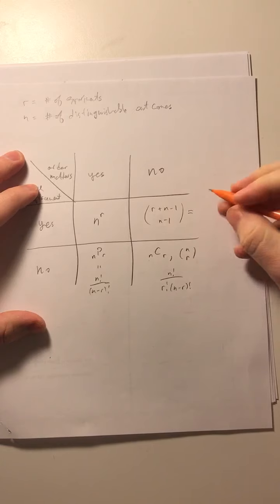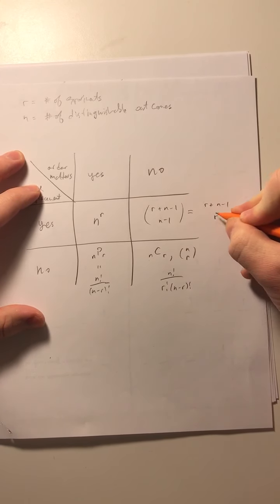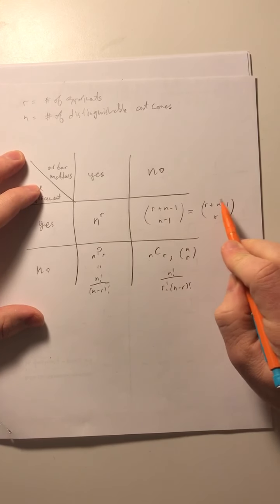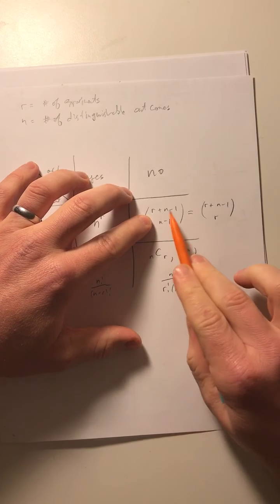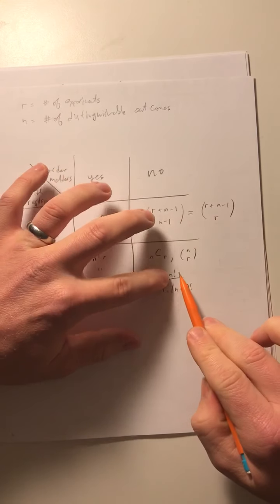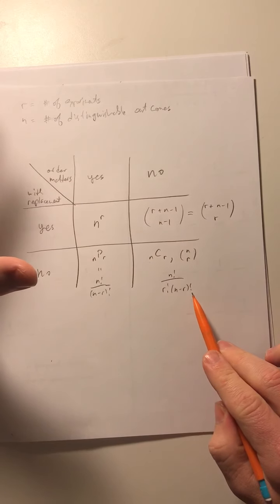So note that this is also equal to, and you can see that this is equal in a couple of different ways. So this number choose n minus 1 is the same as this number choose R. The reason, well, if you write down what this is in terms of factorials, you can see it's easy. It's going to be R plus n minus 1 factorial in the numerator, and then n minus 1 factorial and R factorial in the denominator.